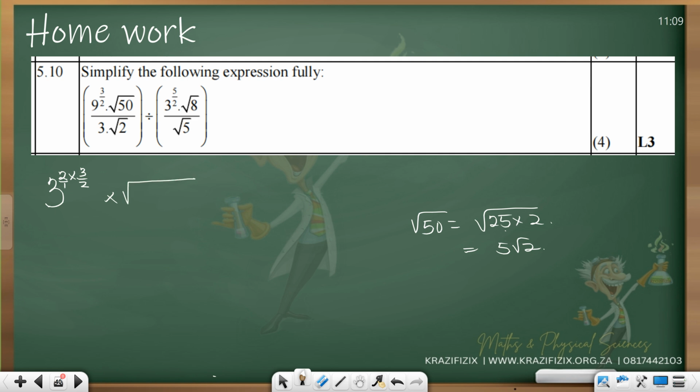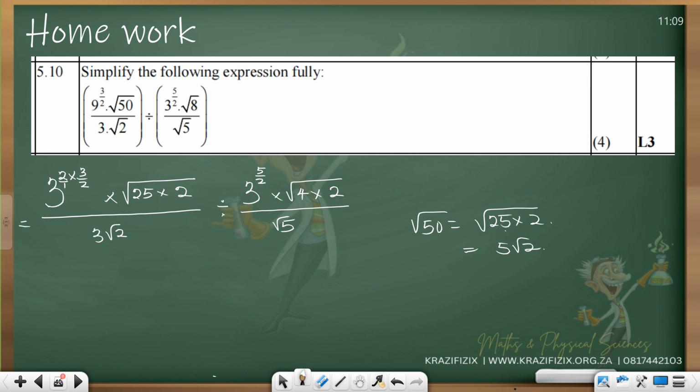Please, I'm going to write it out because the examiners would say without the use of a calculator. So we need to show what we're doing. All right. Divided by, okay, 3, 5 to the power 5 over 2 times 8 is 4 times 2 over the root of 5.